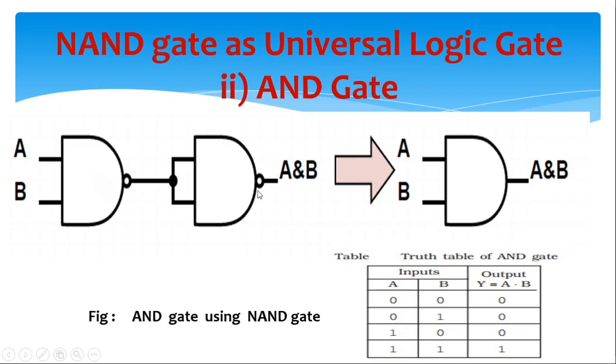That is, the output of second NAND gate is A and B, or A into B, and it gives the truth table that is equivalent to AND gate.